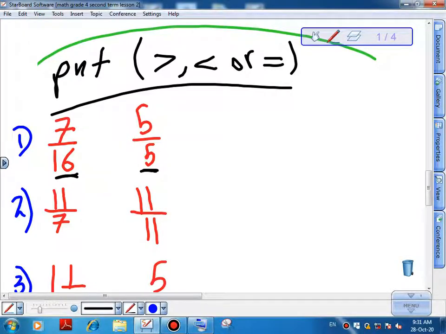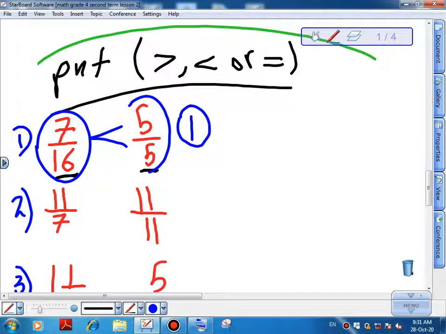But in this case, 7 over 16 is a proper fraction, and 5 over 5, which is equal to 1, is the whole number. So 1 is greater than any proper fraction, because a proper fraction is smaller than 1. Any proper fraction like 7 over 16 is smaller than 1, and 5 over 5 is equal to 1.